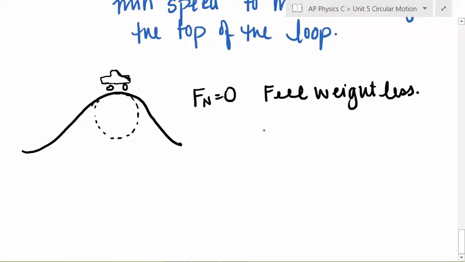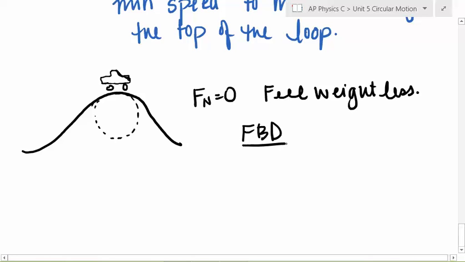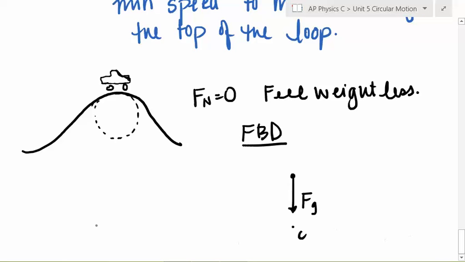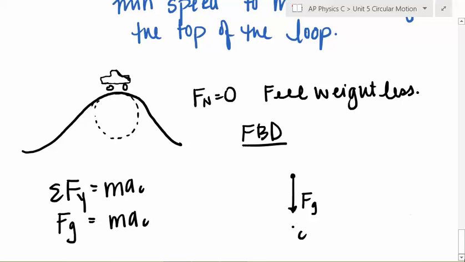So then when you draw the forces acting on this car, there would be just the gravitational force pointing towards the center. So that when you sum the forces in the y direction, they're definitely unbalanced. The gravitational force would be equal to MAC.